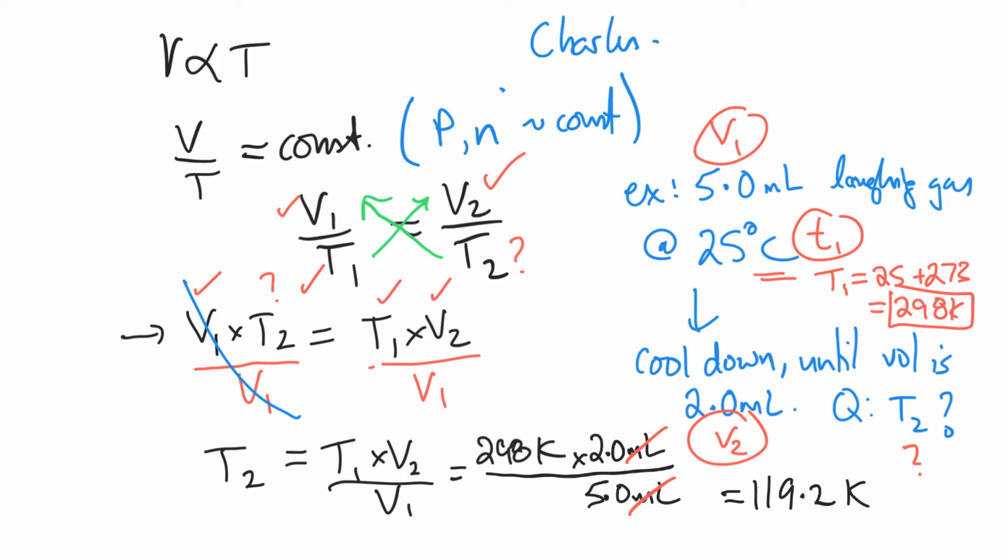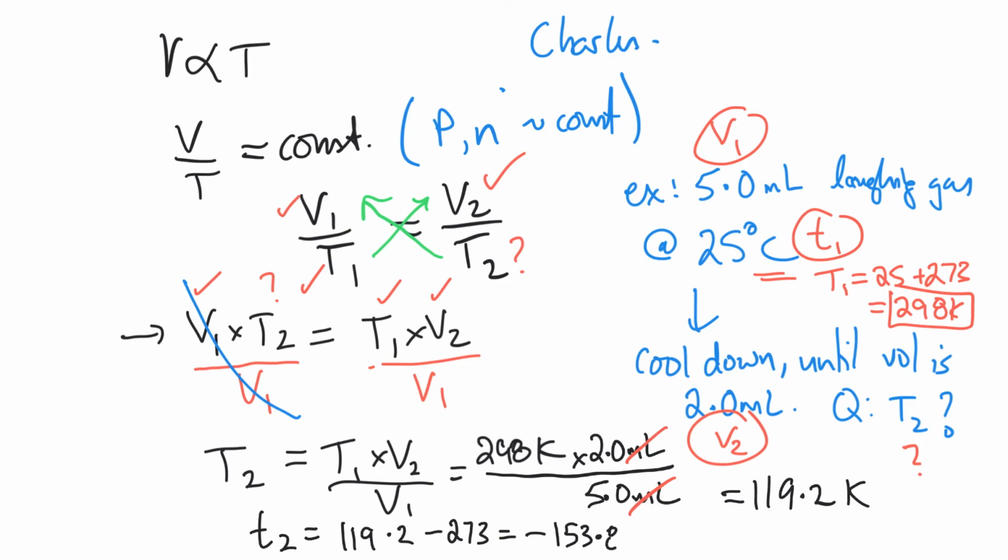And I need to convert that to a temperature, and maybe I want to know that in degrees Celsius. So how do I get it in degrees Celsius? Well, I add 273 to get degrees C to Kelvin, so I subtract 273 to get Kelvin to degrees C, and that gets me minus 153.8.